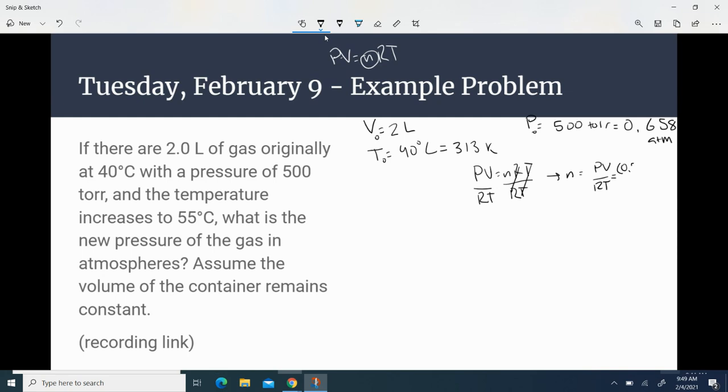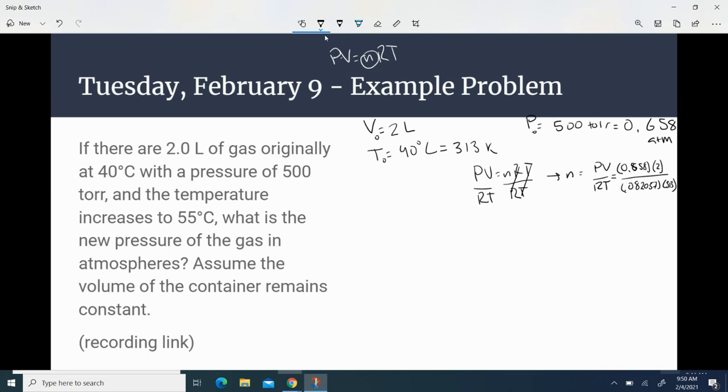Our pressure is 0.658. Our volume is 2. Our R value is 0.082057. And our temperature is 313 Kelvin. Let's plug that into the calculator. I'm going to do this all at once using parentheses: 0.658 times 2, divided by, in parentheses, 0.082057 times 313.